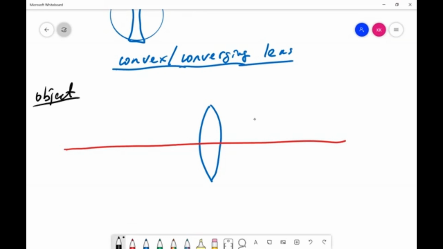Let's say the object is really far away, which means that the light coming from the object will be parallel to one another, and moving parallel to the optical axis.